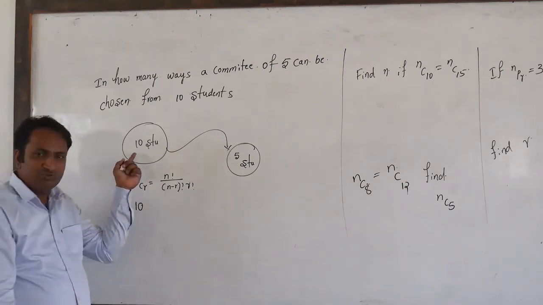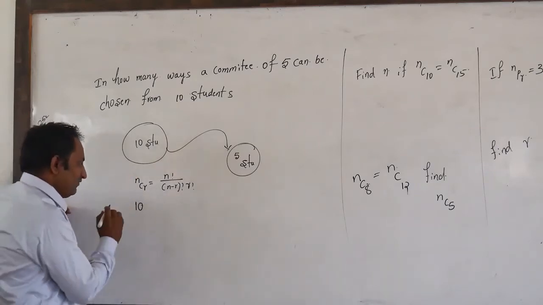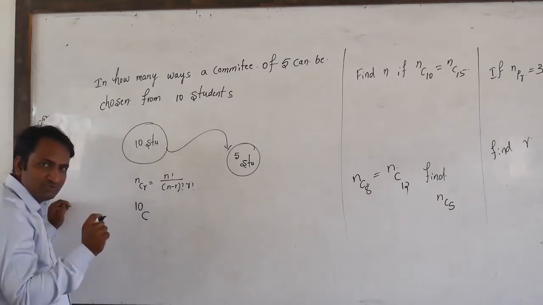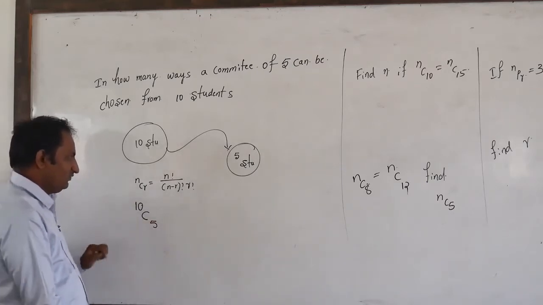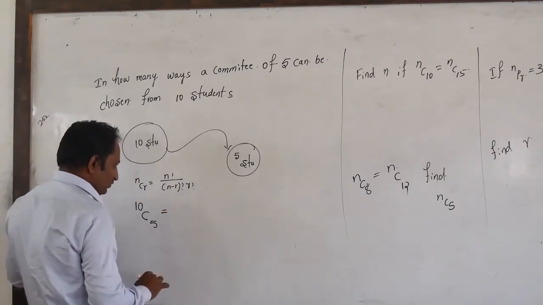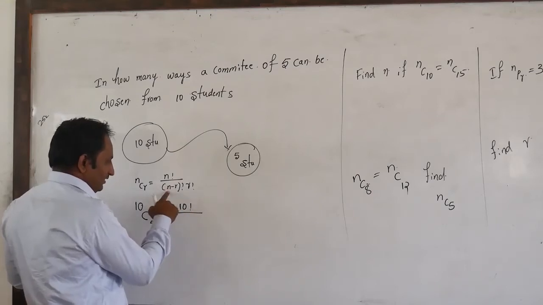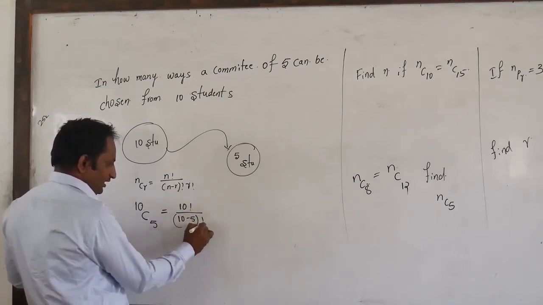There are 10 students available to choose, so the n value is 10, and from those 10 students we choose only 5, so the r value is 5. So 10C5 is equal to 10 factorial divided by (10 minus 5) factorial into 5 factorial.